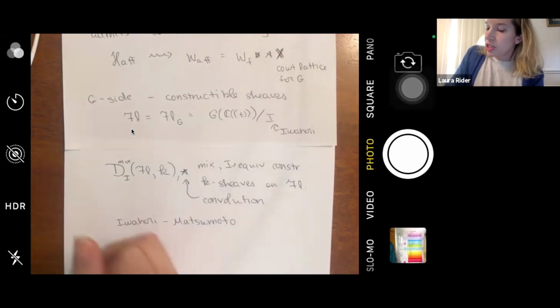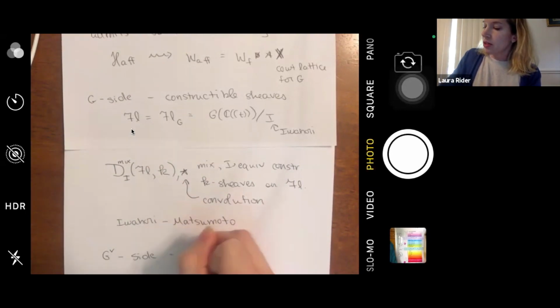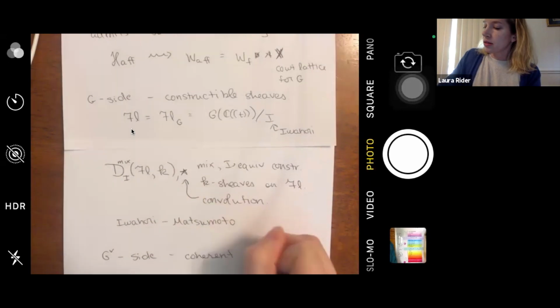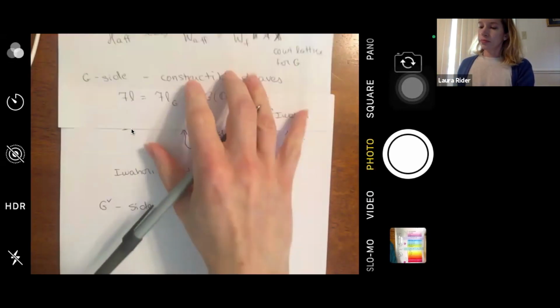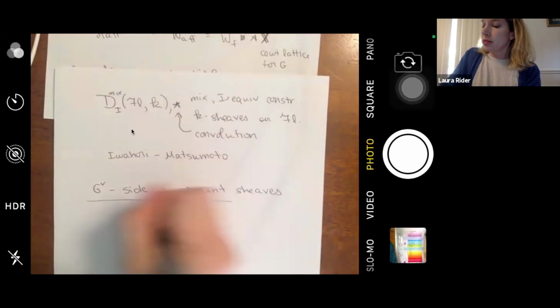And then on the G check side, we use coherent sheaves. And for this, I want to use the Steinberg variety.